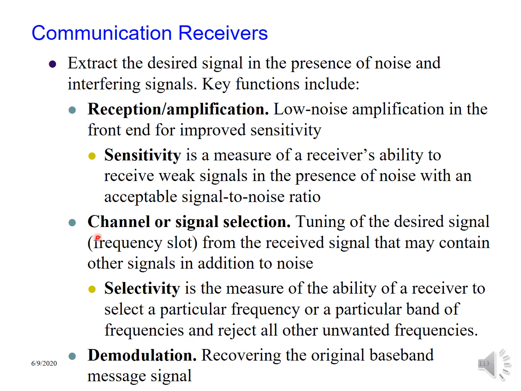The second capability of a receiver is signal selection or channel selection. We can tune to our desired signal from a very wide range of frequencies that contain other signals and also noise. For example, if we want only 10 gigahertz to 12 gigahertz, we are capable of receiving at the desired channel.